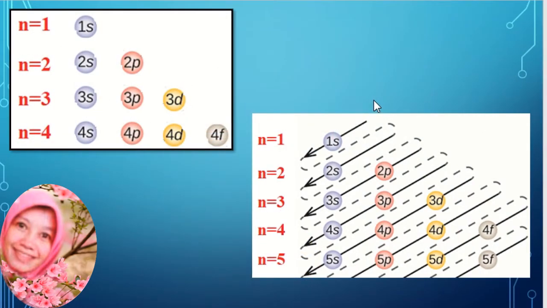The orbitals in increasing order of energy levels can be predicted from the illustration here. Starting from 1s, we get to 2s, 2p, 3s, 3p, 4s, 3d, 4p, 5s, and so on.